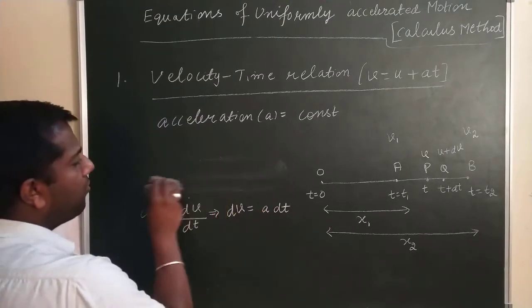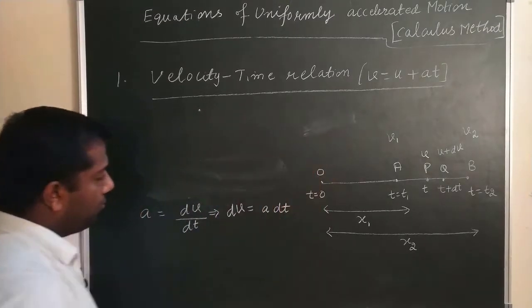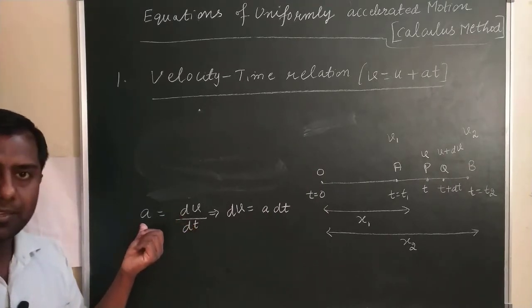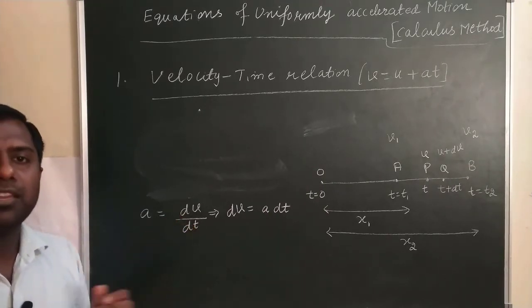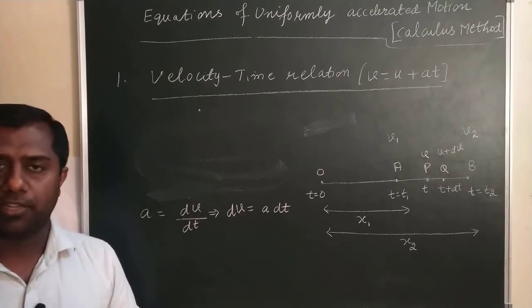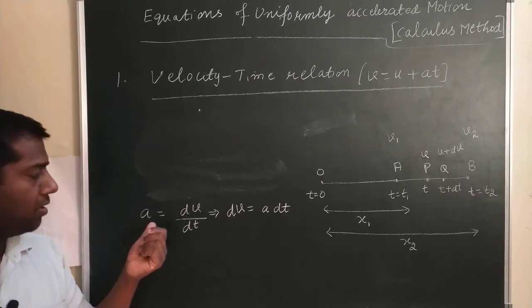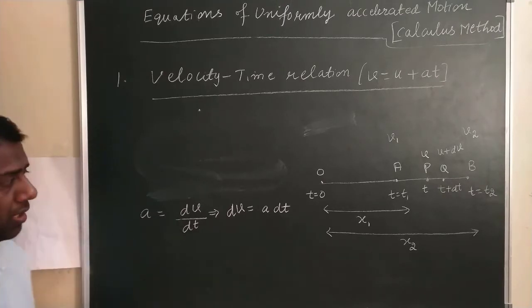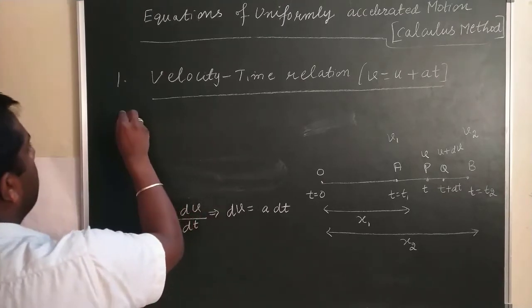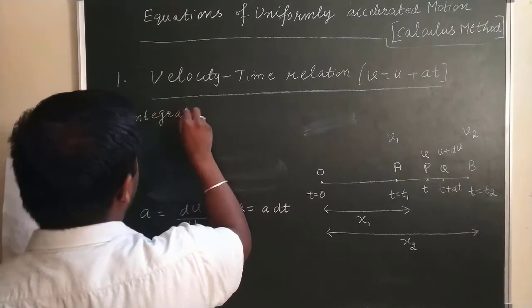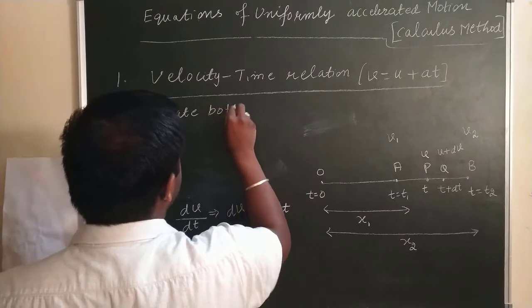So what is the meaning of this a dt? We know that if we differentiate velocity, we get the acceleration, but integration is the reverse of differentiation. It means if we integrate this acceleration, we will get the velocity. Clear? So now we will integrate both sides.